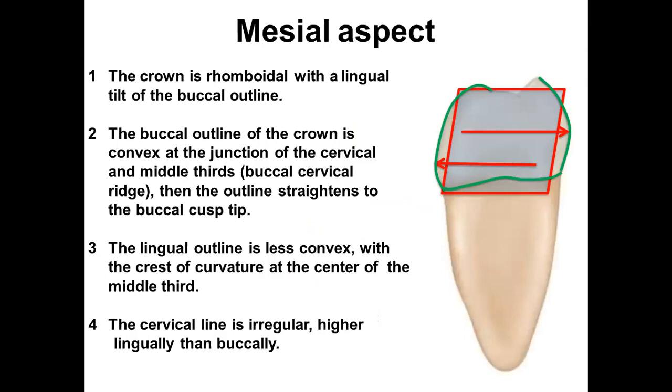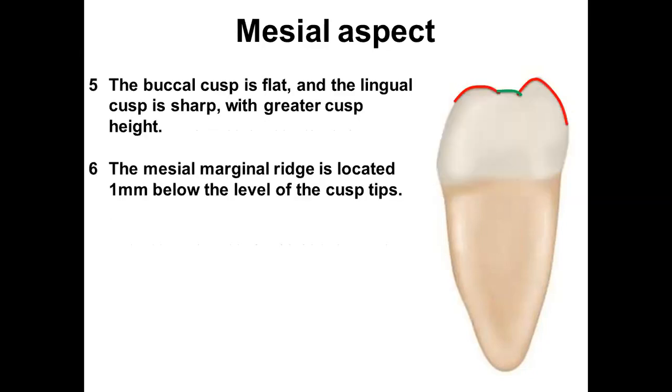The buccal outline is convex at the junction of cervical and middle third, and then it is straight till the buccal cusp tip, whereas the lingual outline is less convex and the crest of curvature is at the center. The cervical line is irregular and it is higher lingually than buccally.